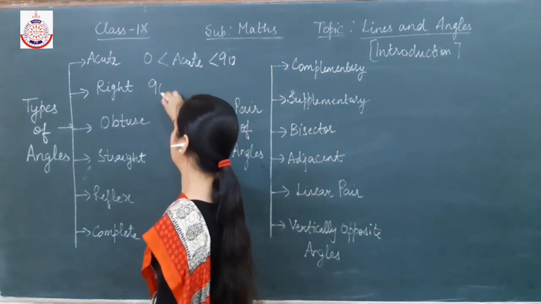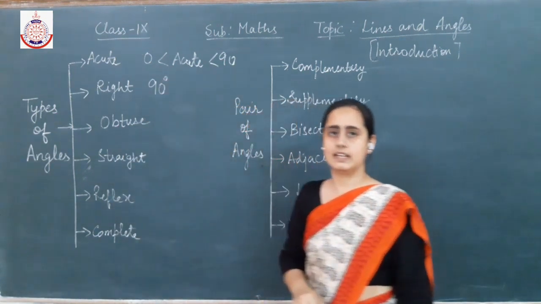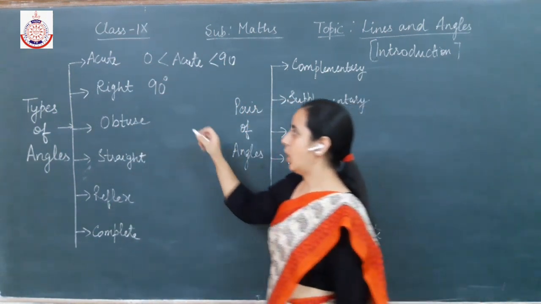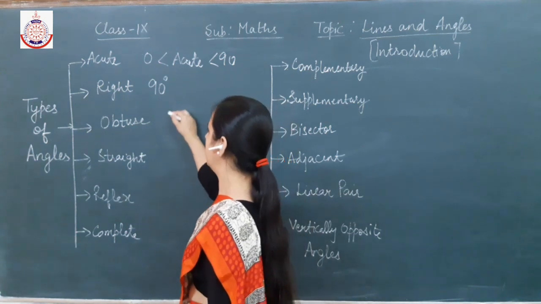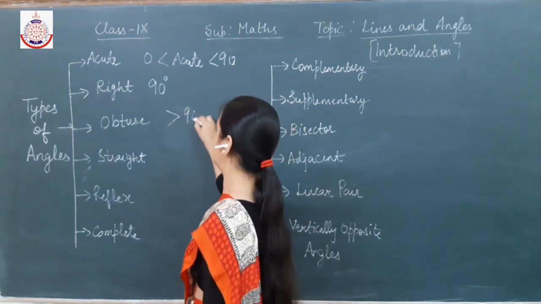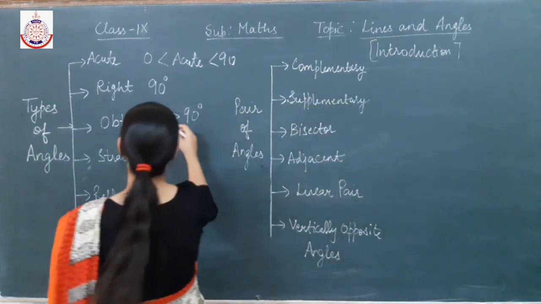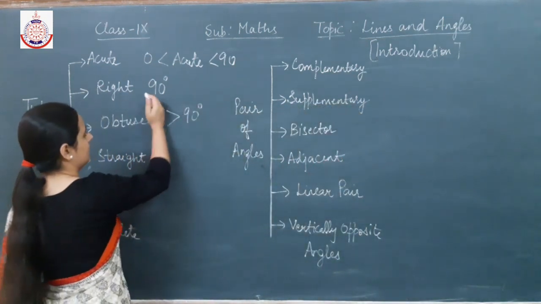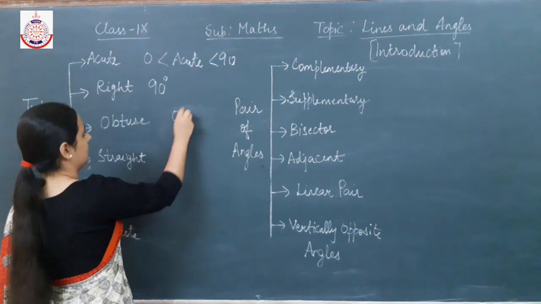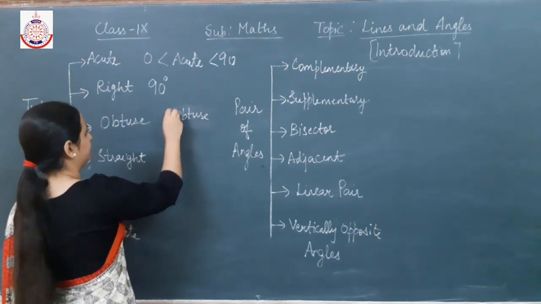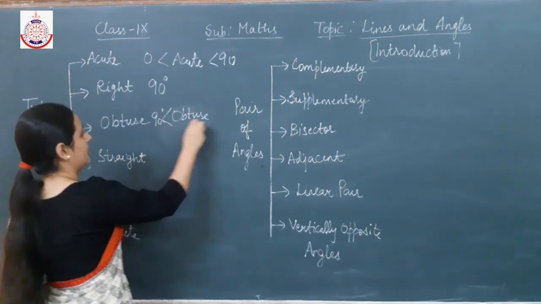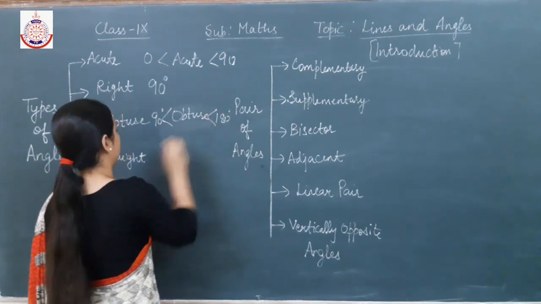Right angle, the measure of the right angle is 90 degrees. Next is obtuse angle, greater than 90 degrees and less than 180. The obtuse angle lies between 90 and 180 degrees.